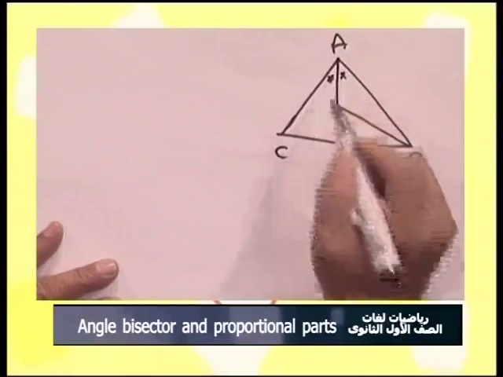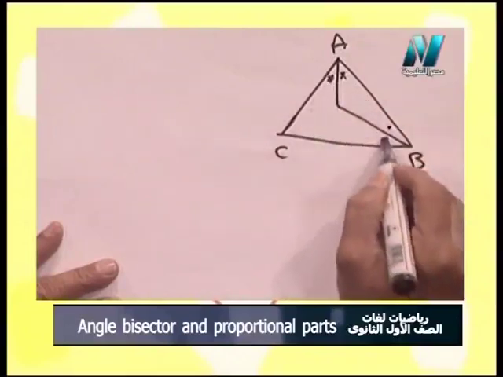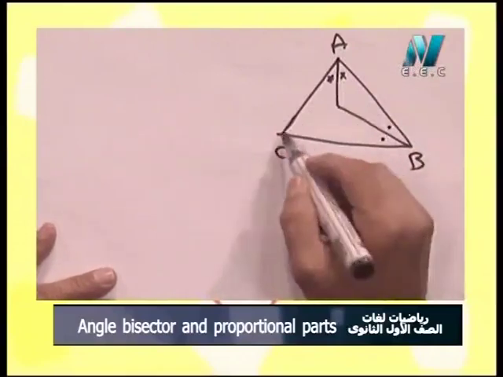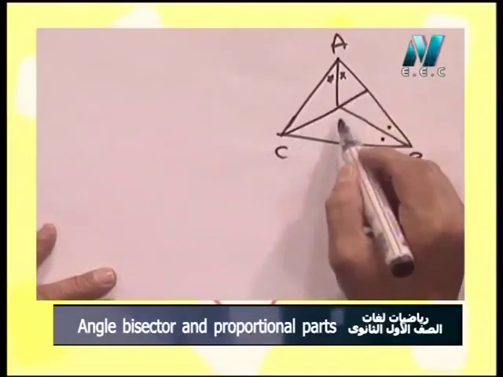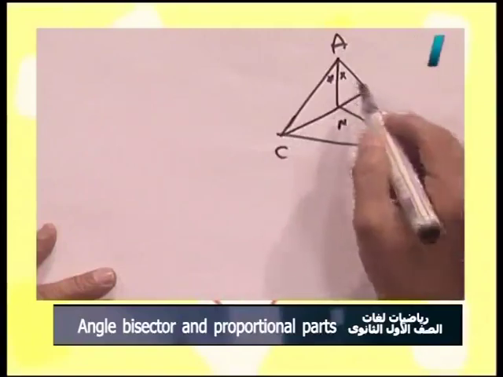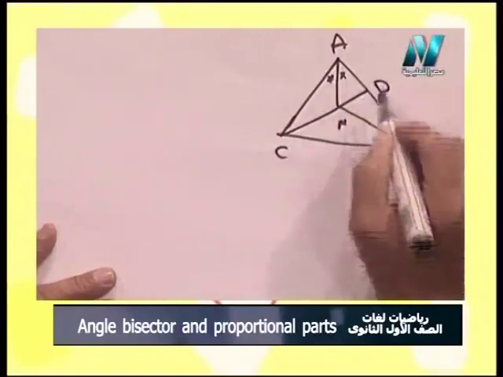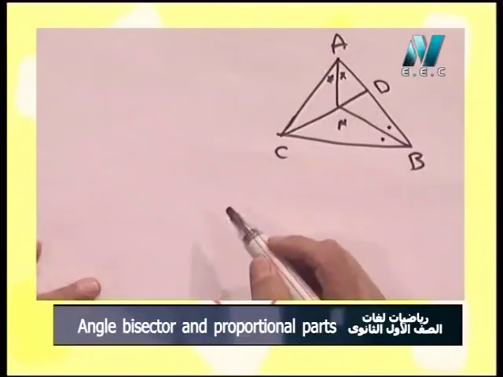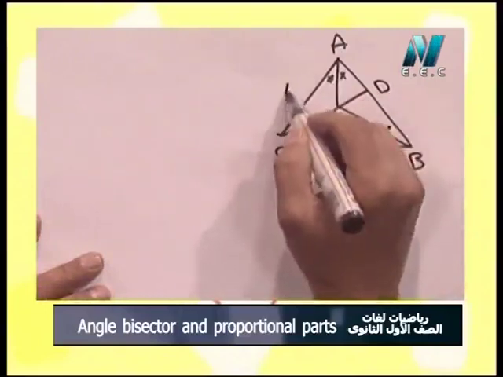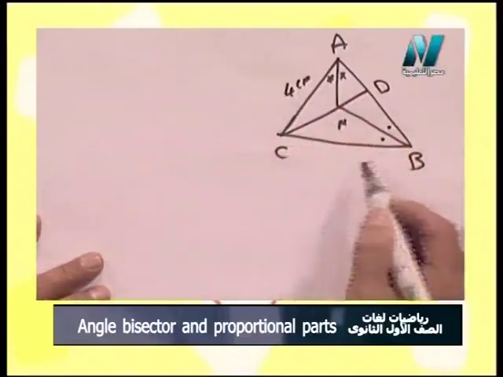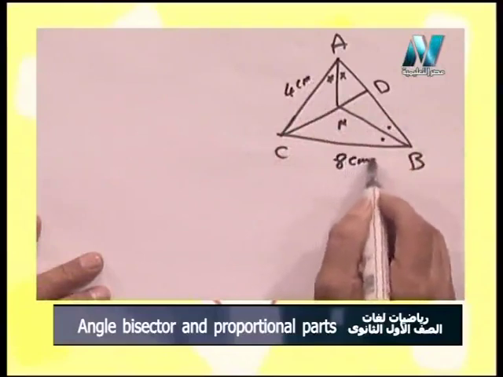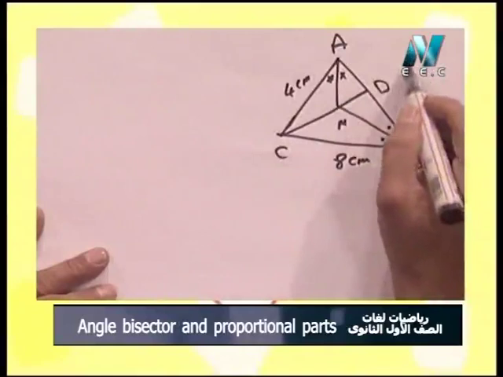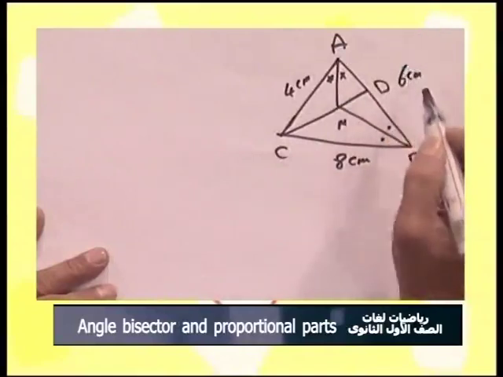This is a bisector of A and this is a bisector of B, and we have CM intersect AB at D, just a line segment, and we have AC equal 4 centimeters, CB equals 8 centimeters, and we have the whole side AB equals 6 centimeters here.